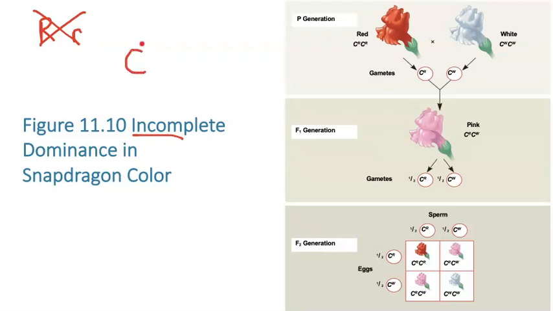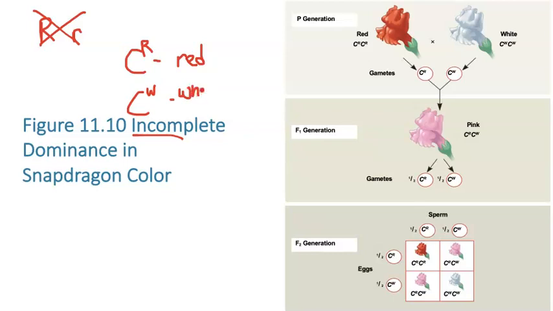Instead, we use a two-letter system where we use a letter, usually the letter C if we're referring to color, and we raise another letter as a superscript. So C raised to the R says that that allele codes for a red flower. Over here we see C raised to the W. The color is white, so this one would be a white flower.